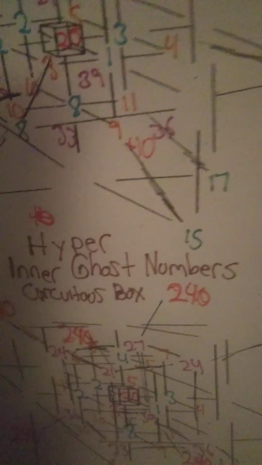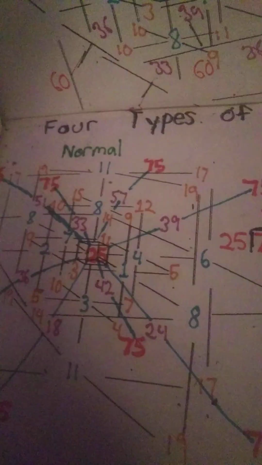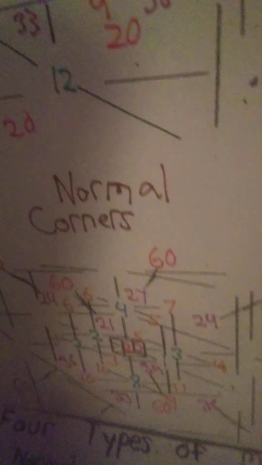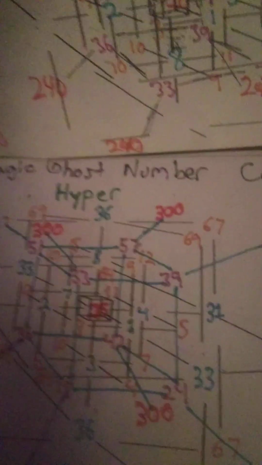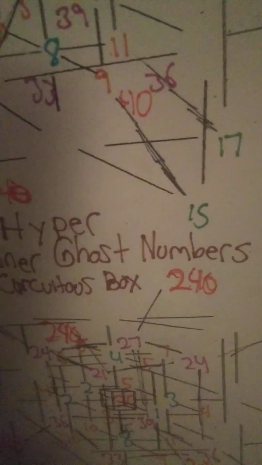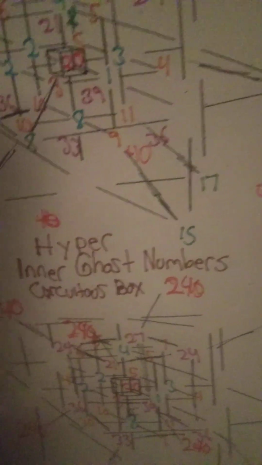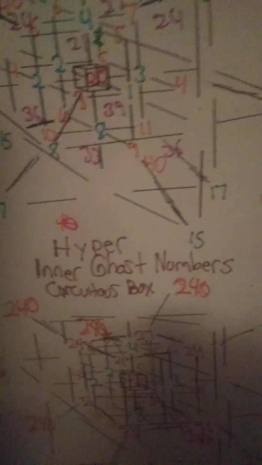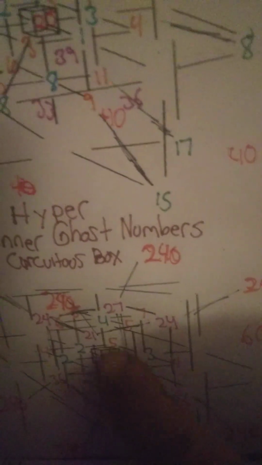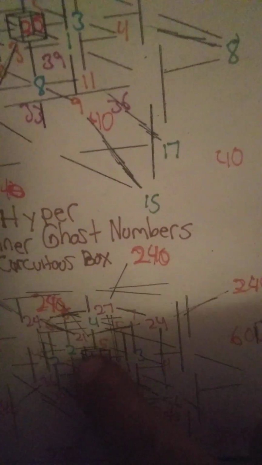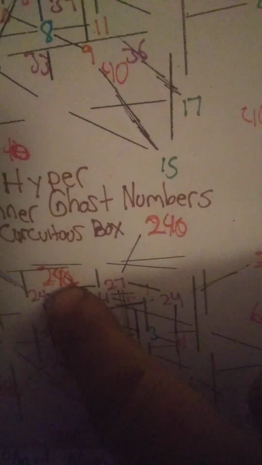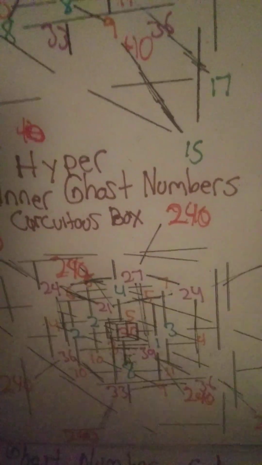They start out with a hyper. This is a normal, much like that's normal for these numbers. This is a hyper, and this is a hyper for these numbers. And it's dealing with only the inner ghost numbers, the purple ones, that are derived from the primary and secondary numbers at each cubic octant of the inner cube.